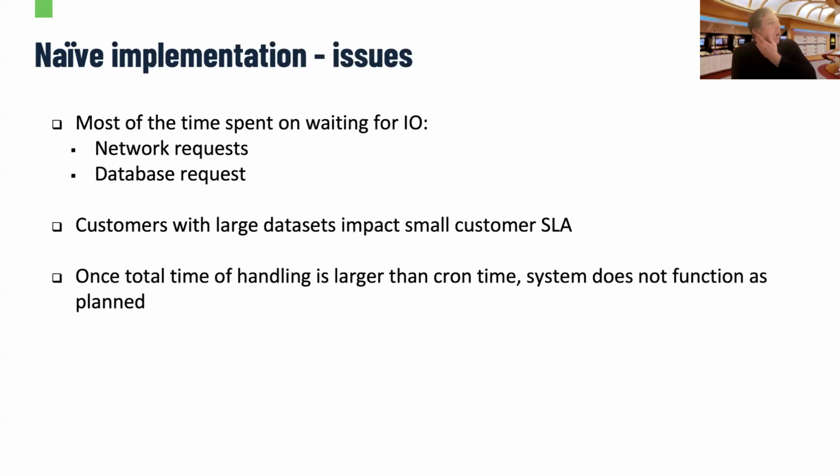And also, once we have something that's bigger than the total cron time, the system is not up to the functionality according to the time constraints that it's supposed to run through.